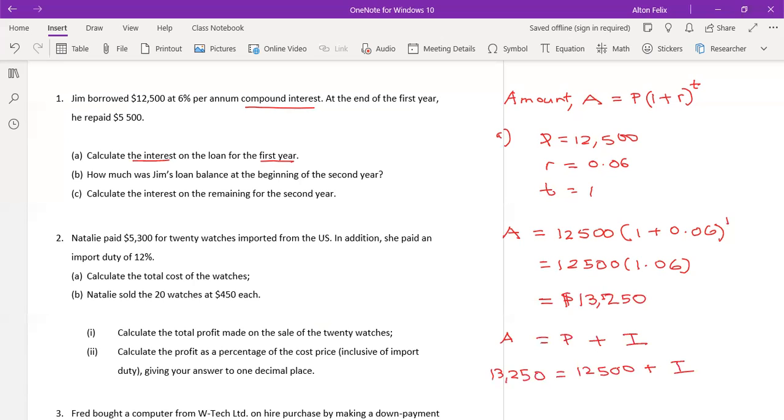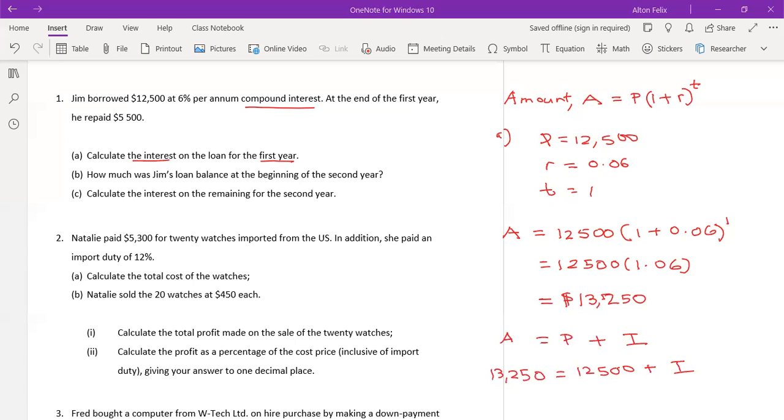So we go back to our calculator. Let's bring it up. Right, we're going to take 13,250 and we're subtracting 12,500. So the interest there would be 750.